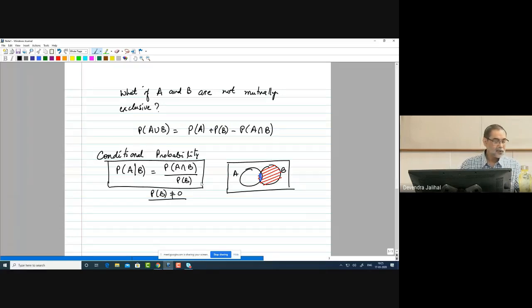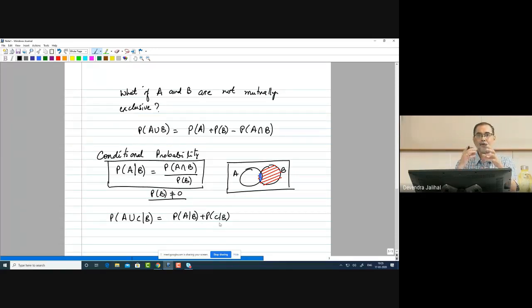And these conditional probabilities work exactly like ordinary probabilities, meaning I can ask the question, what is the probability of A union C given B? If A and C are mutually exclusive, this would be probability of A given B plus probability of C given B. So conditional probabilities have all the properties of a probability.